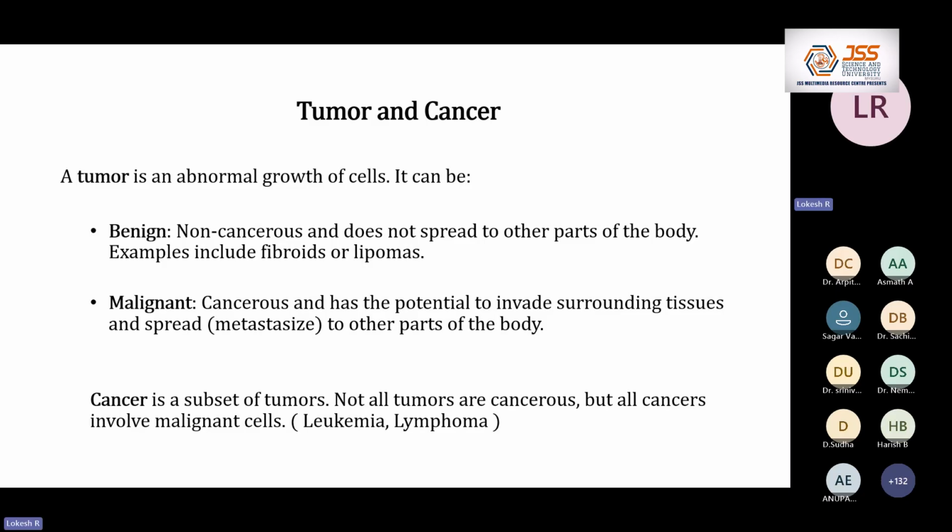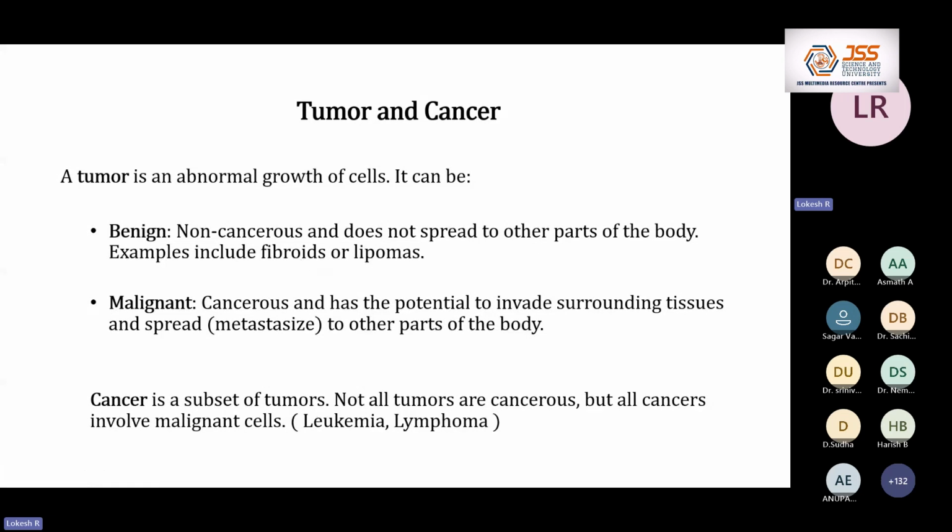If this abnormal growth of cells stays in the same place, then it is a tumor. A tumor is an abnormal growth of cells. There are two types, benign and malignant. In benign, the cells do not spread to other parts of the body. An example of this is fibroid.